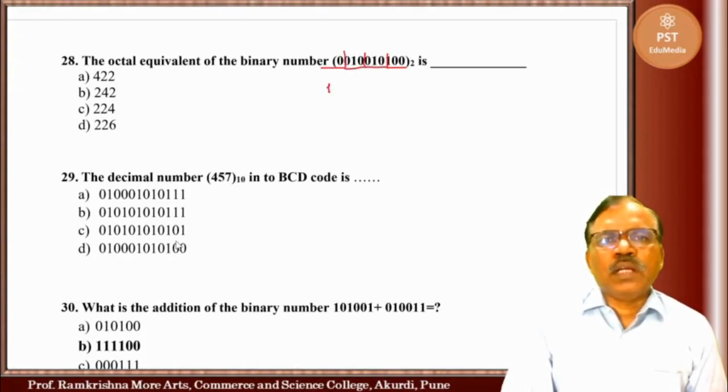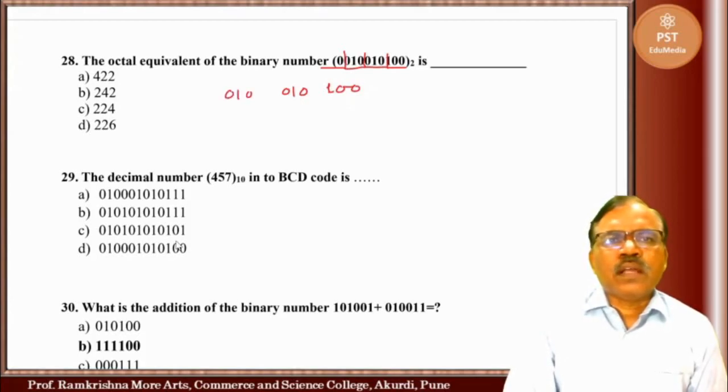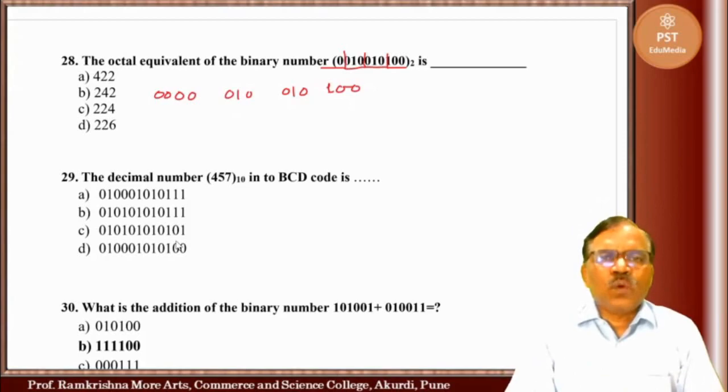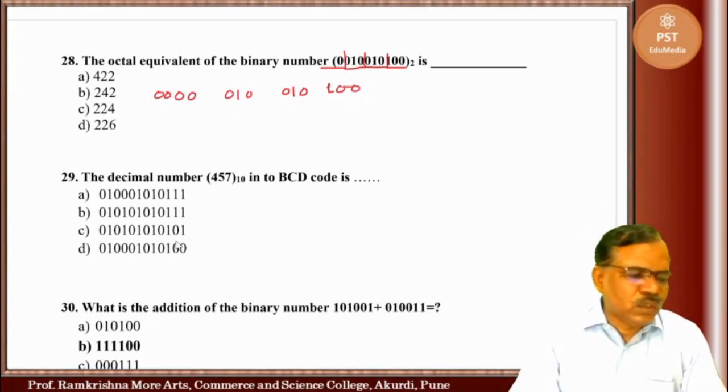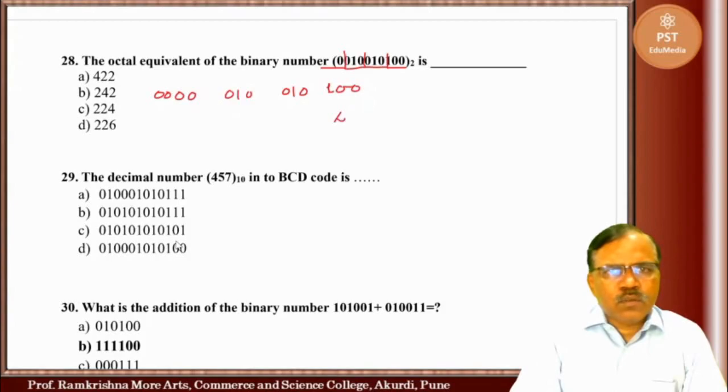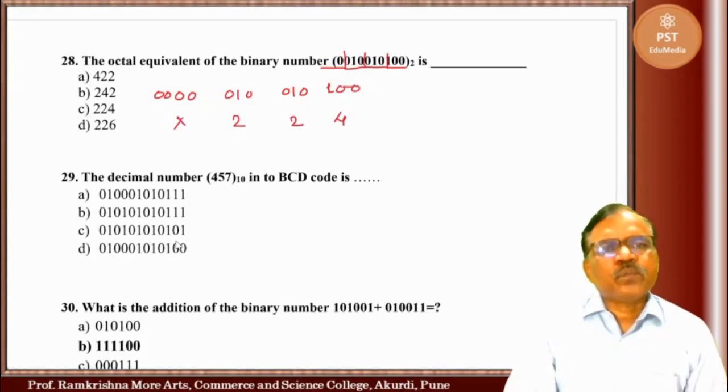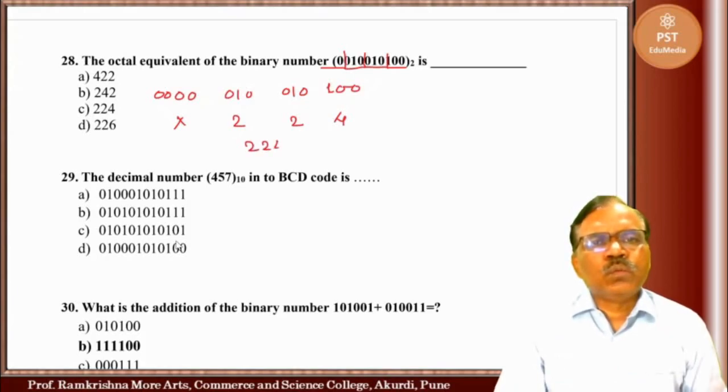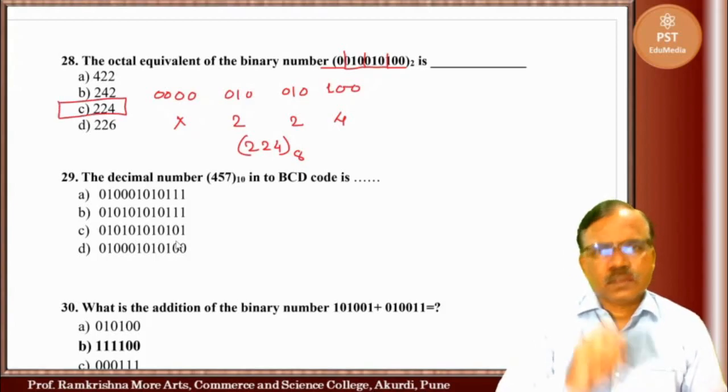So here 100, then 010, then 010, and then here 0, you can give leading zeros. Now 100 means what is 100? It is 4. 010 is 2, and this is 2, and this is 0. So it is 224 octal number.